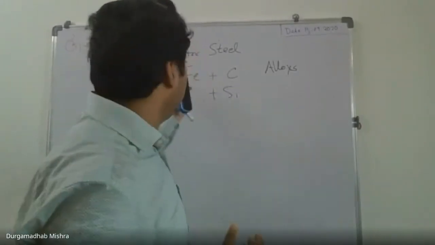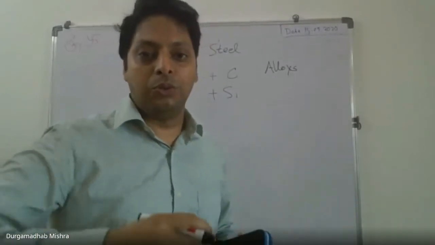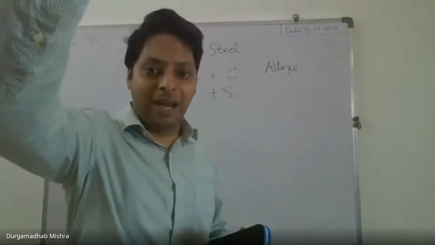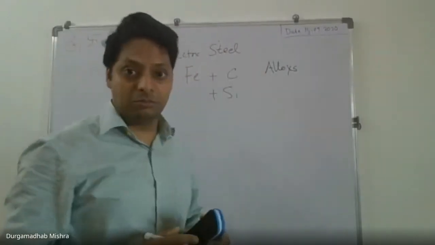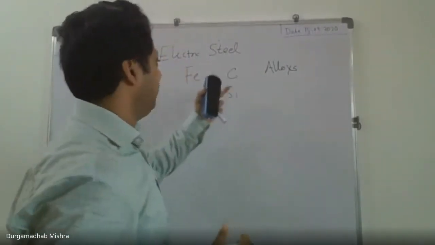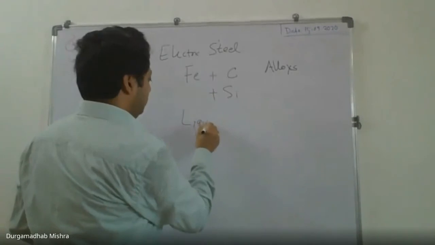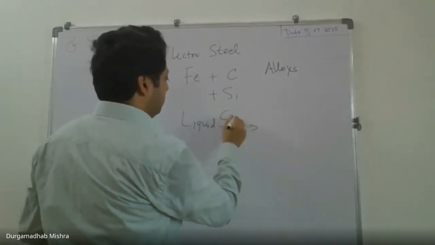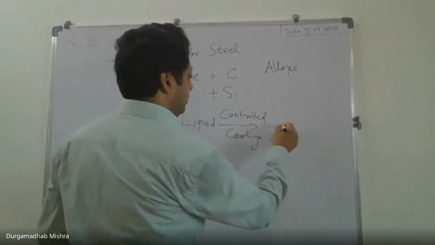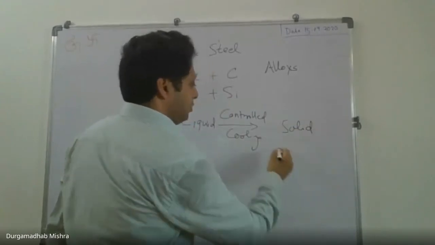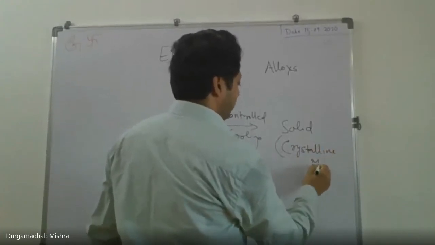Similarly, when these different alloys are made, you go to the liquid state, you really melt it, and then you cool down, and you get an alloy with different composition depending on what you mix. So from a liquid state, you do a controlled cooling and you get your solid.